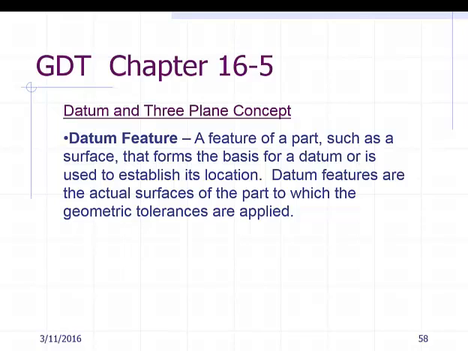A datum feature could be a part or a feature on the part itself that acts as a datum. So for example, a cylindrical feature could be the datum. So the center of that cylindrical shape is what we want to reference other things to. And the difference there is we would attach the datum call out to the feature itself, not just to a face.